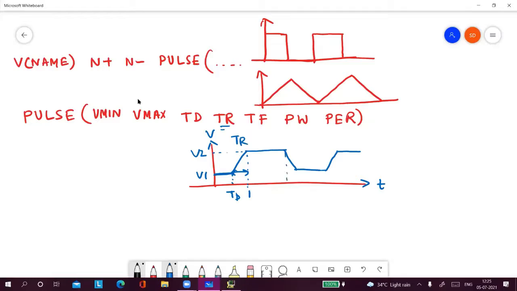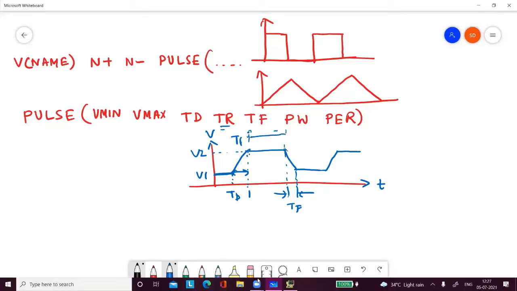And here, this time is called the fall time. And this one is called the pulse width. This total, this to this, is called the period.